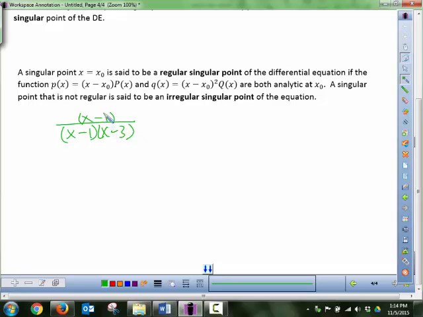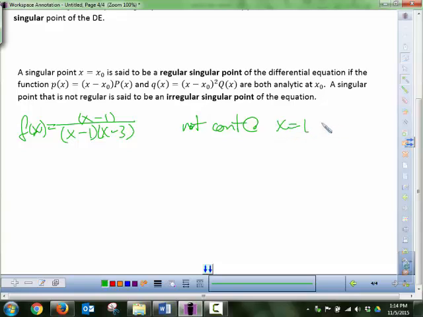So the idea here is that if this is my function, f of x, then I have two places where it's not continuous. So this is not continuous at x equals 1 and 3.